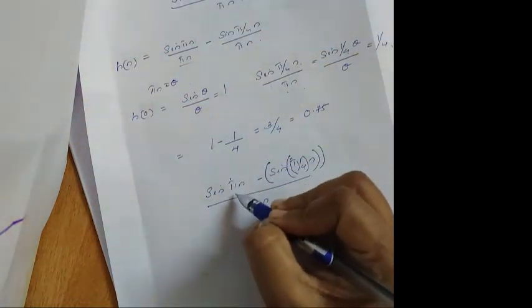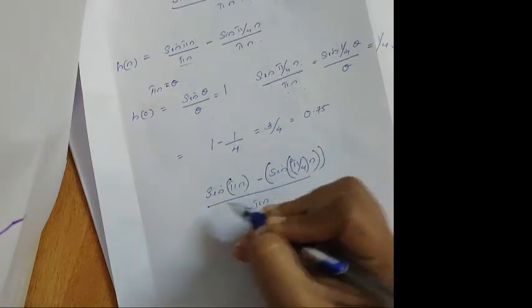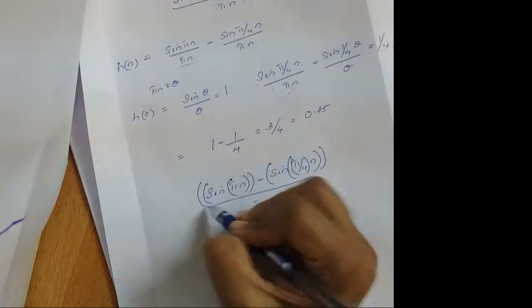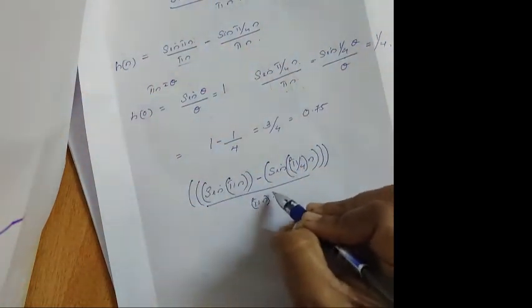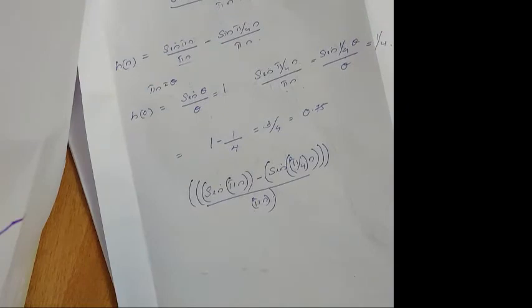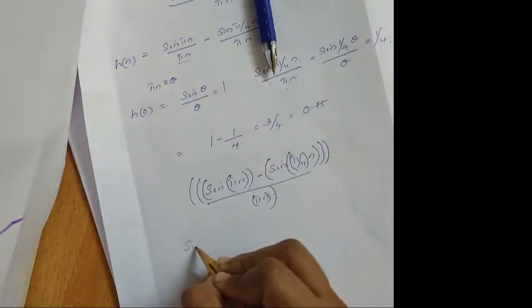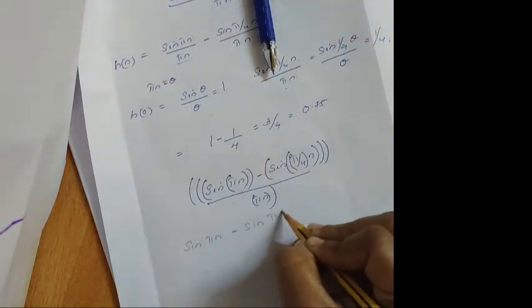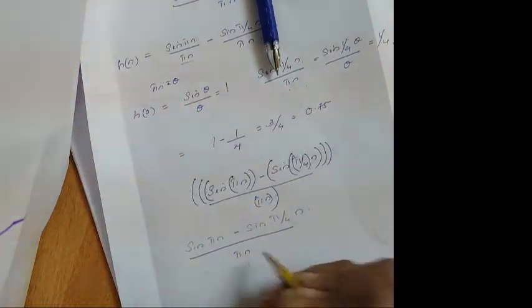Similarly, there is pi by 4 and pi is there. So I am getting n pi directly and you have to multiply it with sine value. For this minus, I am giving one minus sign bracket over here, and the whole divided by this also in a bracket, whole divided by this. Okay, I will tell you one more time. Sine pi n minus sine pi by 4n divided by pi n.